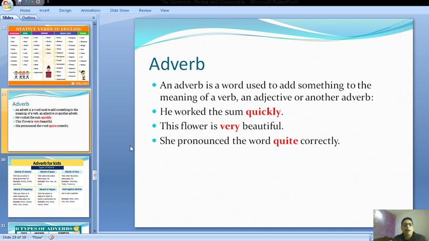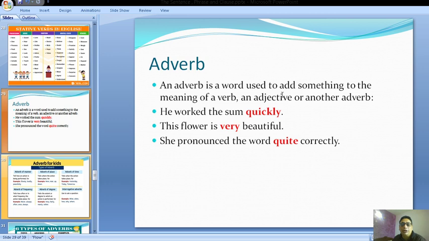Alright. Example, he worked the sum quickly. He worked. Worked was the thing that he did with the sum. He was working on the sum. How did he work? Quickly. So anything that describes the verb or adds more to the verb is called an adverb. This flower is very beautiful. So it's not only a verb.